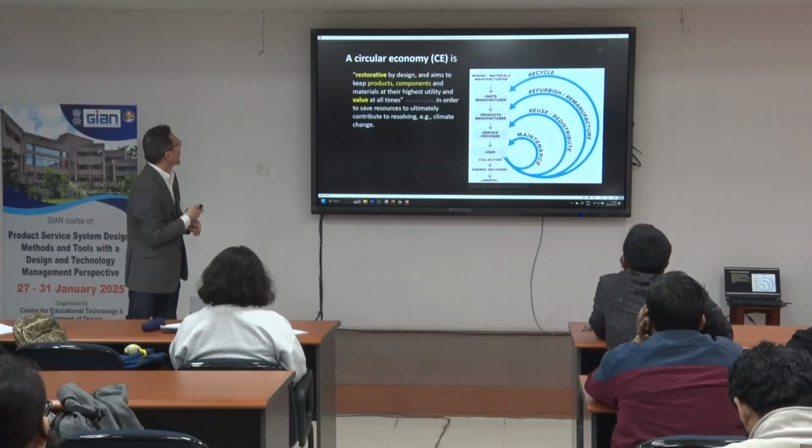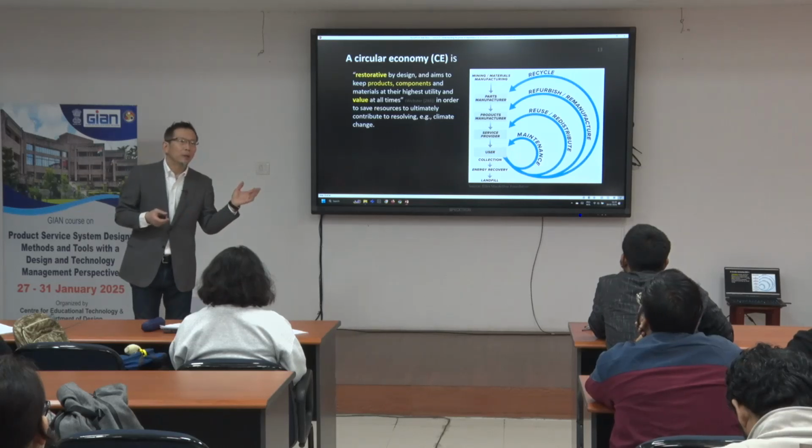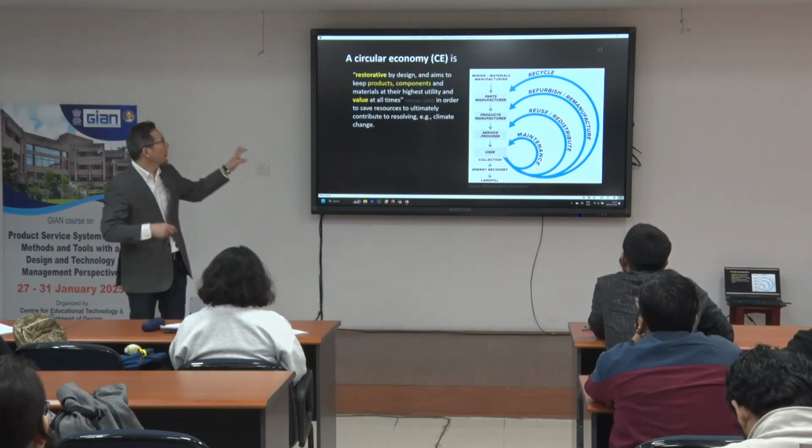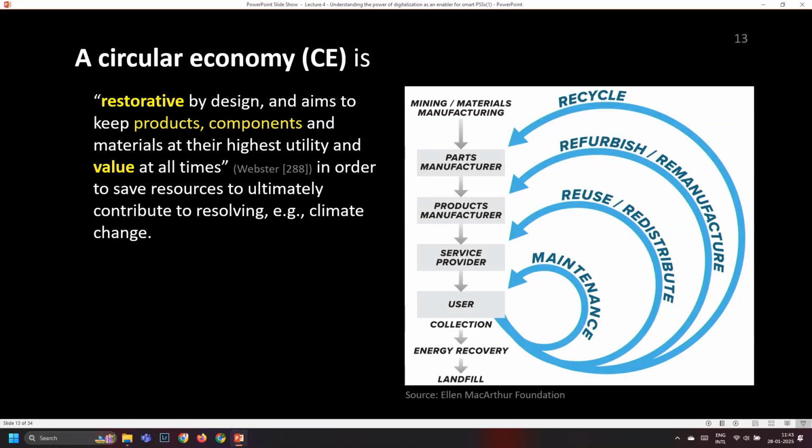So now, related to a circular economy, because I need to explain this for the coming slides. This week, at least from my side, I would recommend referring to this definition of a circular economy. It's about technical products.